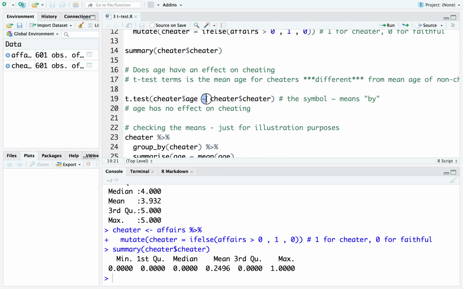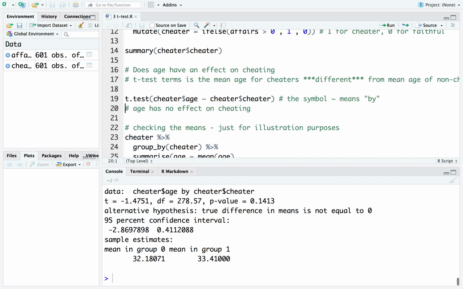So again, it's important that this reads by. If we had put a comma, this test would be testing whether the mean of age is different from the mean of cheater. Of course it's different, but it doesn't make much sense to do that test. Therefore, let's leave it like this.